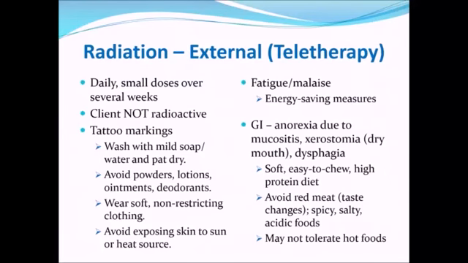From a GI perspective, again, this is going to depend on the location of the radiation, but particularly if your patient's having head or neck radiation, they may develop anorexia due to mucositis, so they're getting inflammation of the mouth, xerostomia, which is dry mouth, and they may even develop some difficulty swallowing, so dysphagia.